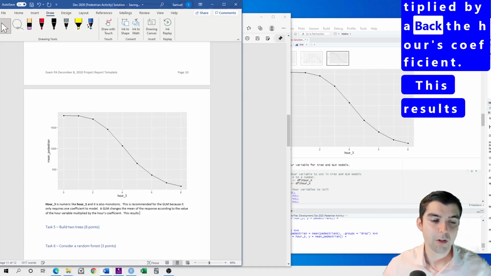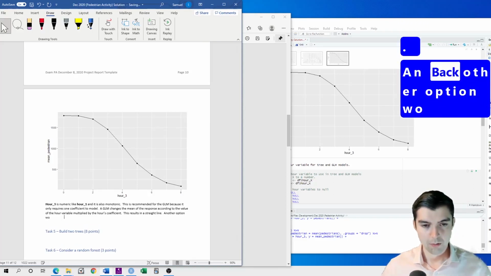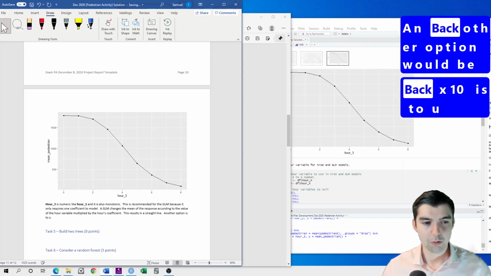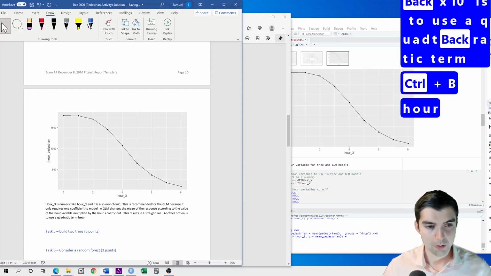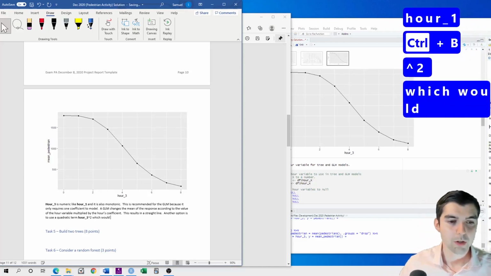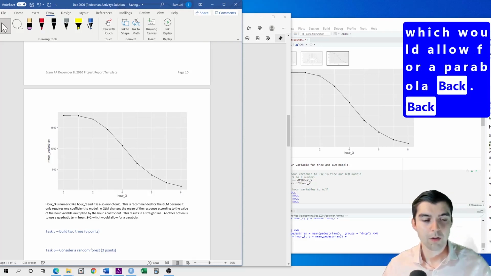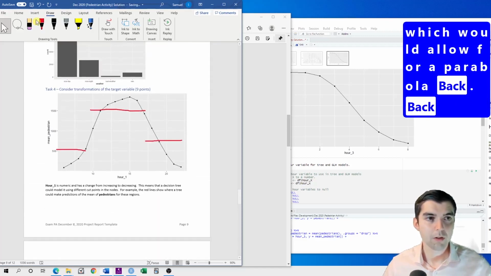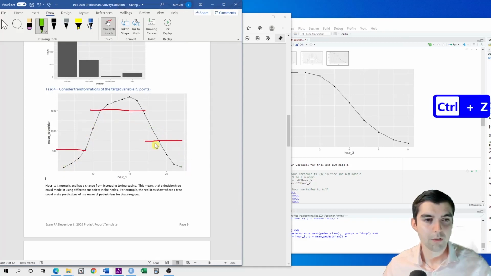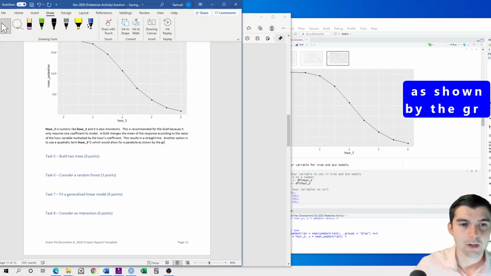This results in a straight line. There is another option. Another option is to use a quadratic term, hour 1 squared, which would allow for a parabola like this. That's not a very good parabola. Like that, as shown by the green line.